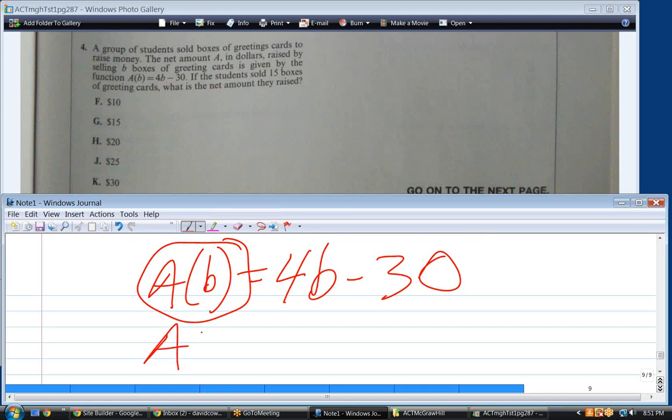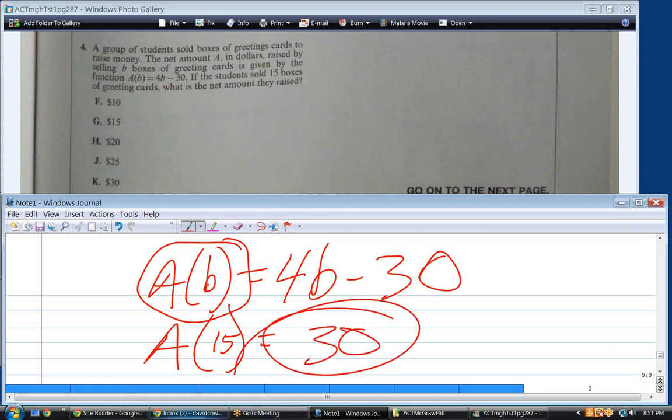So what would A of 15 be? That would equal 60 minus 30. Correct. That's the answer, 30.